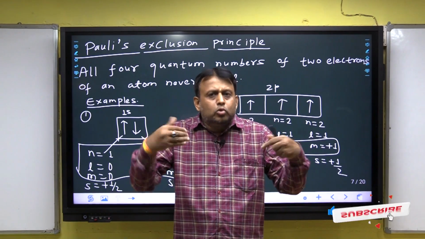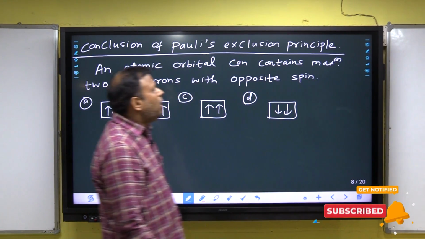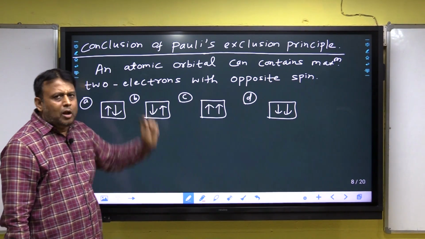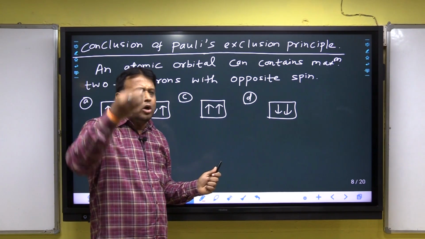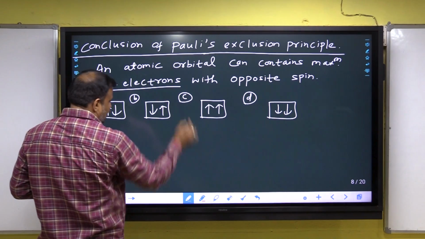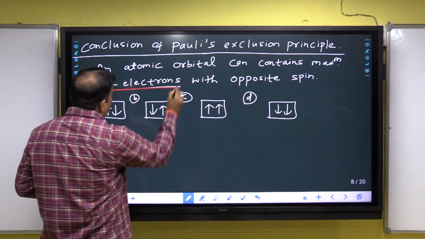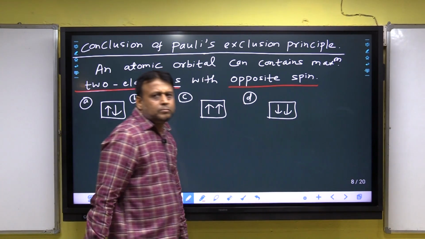Now, the conclusion of Pauli's principle. Look at the board. An atomic orbital can contain a maximum of two electrons. Listen, an atomic orbital can contain a maximum of two electrons with opposite spin.